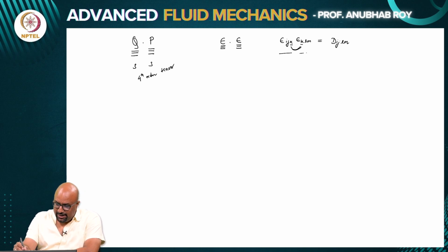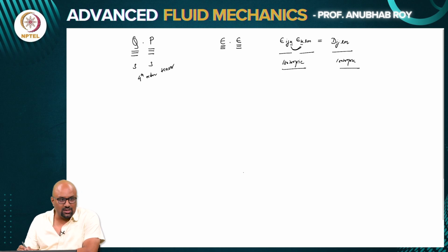On the left hand side, I am dealing with a tensor that is a product of 2 isotropic tensors. Epsilon_ijk is isotropic, epsilon_klm is also isotropic, which means what I have on the right hand side should also be isotropic. Products of isotropic tensors are also isotropic.